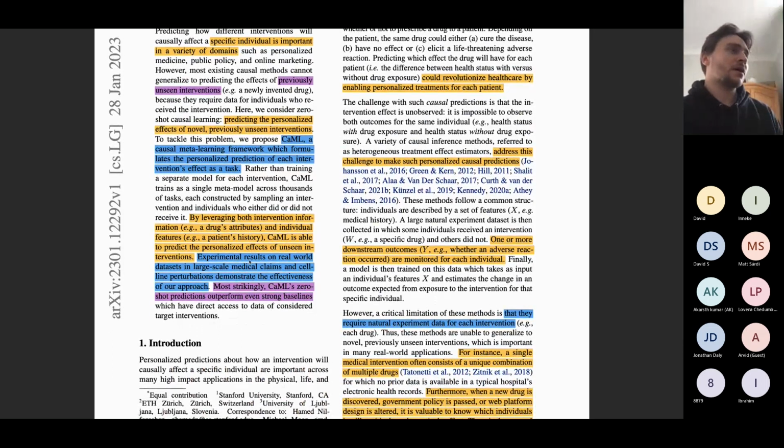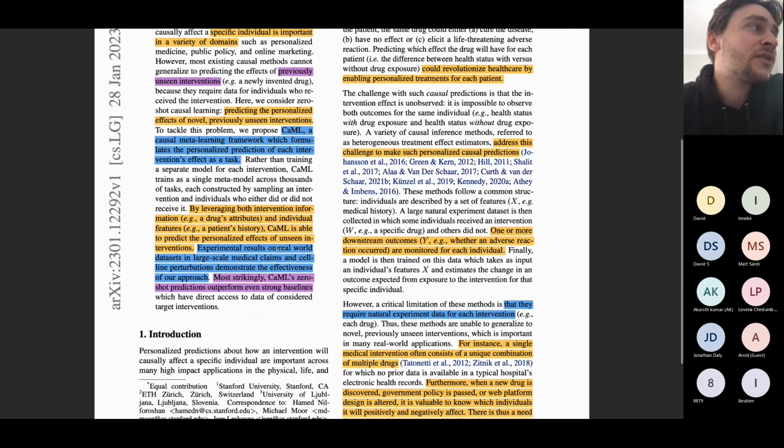Besides the method that they're proposing and some proofs related to it, they show that experimental results on real-world data sets in large-scale medical claims and cell perturbation settings demonstrate the effectiveness of their approach. And most strikingly, their approach outperforms strong baselines, like ones that only have to estimate the impact of a single intervention, the intervention that it's being tested on.